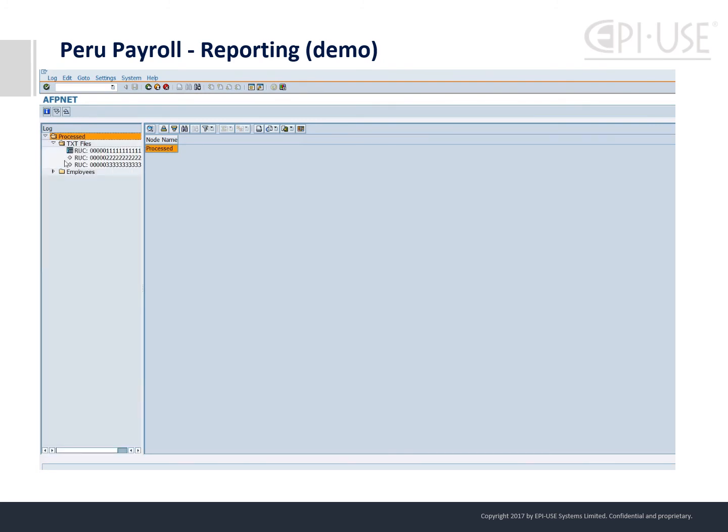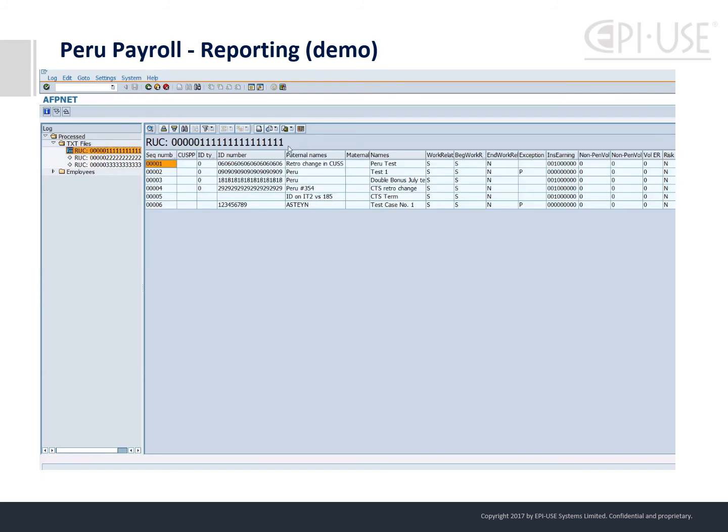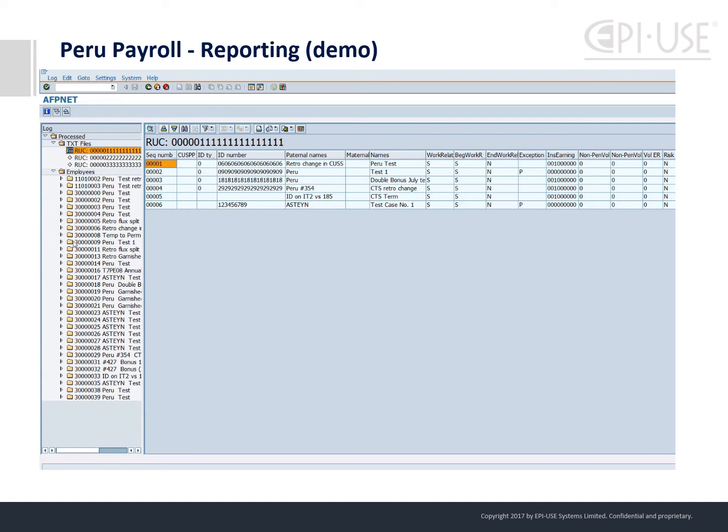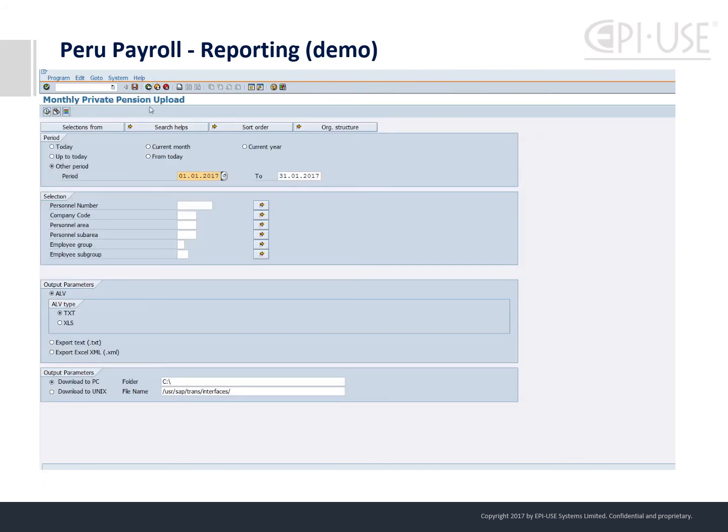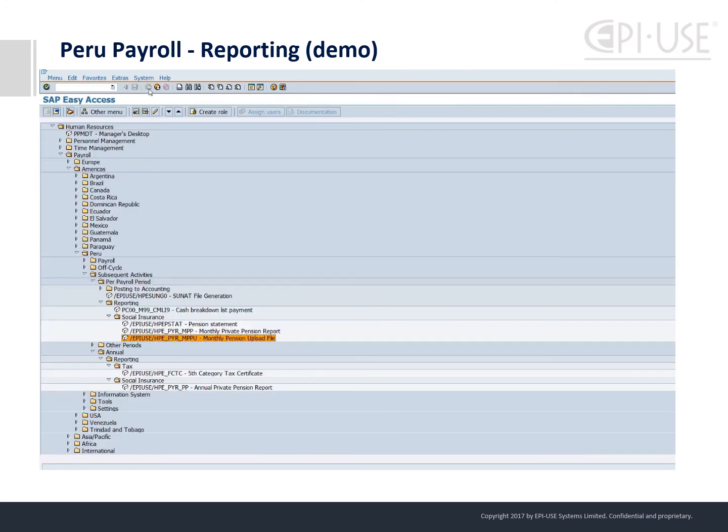If we double click there, we can see all the information that was selected, all the employees. So we can find employees and see who's selected or included in the file. And in this case, we can export this file, download it to a PC. So in some cases, there are files that we can download.